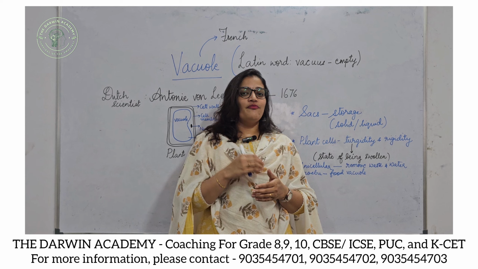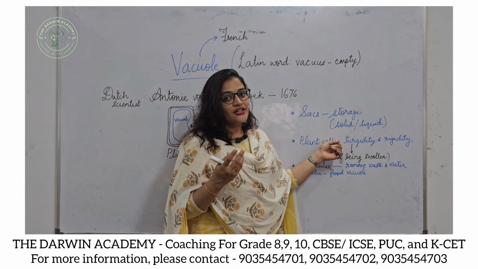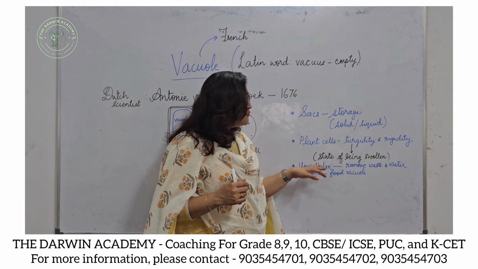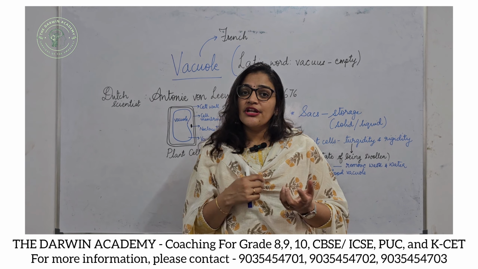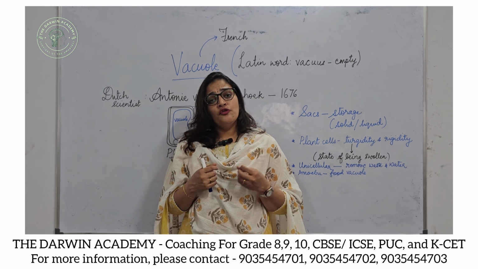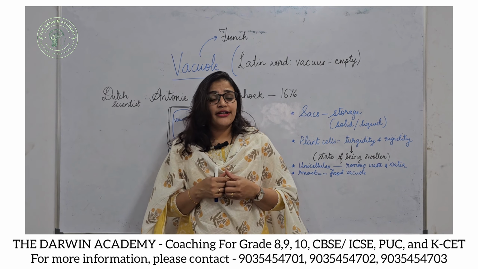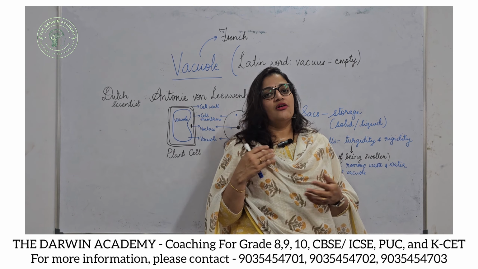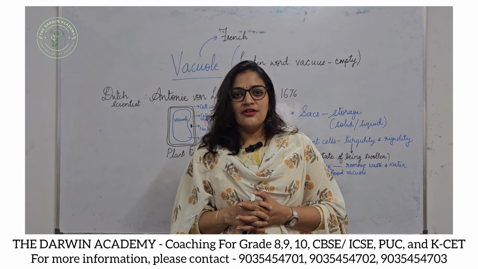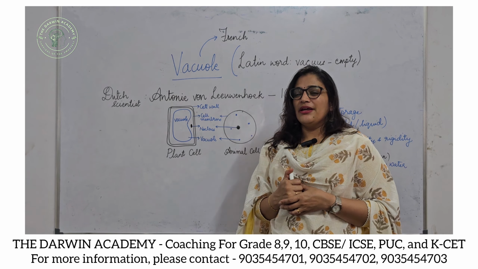This state of being swollen is called turgid or turgidity. Then within the amoeba, that is a unicellular organism, there are temporary food vacuoles formed, and a few other unicellular organisms also will get rid of extra waste and extra water through these vacuoles. With that, we will wind up the topic vacuole.